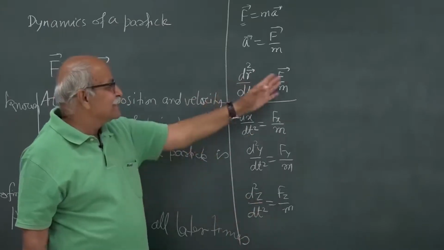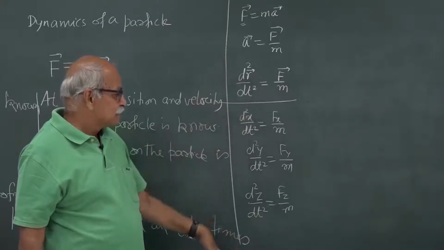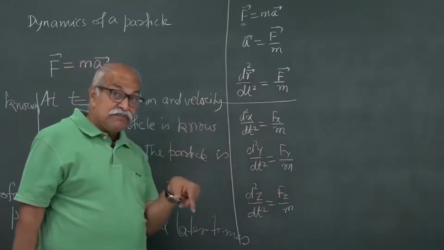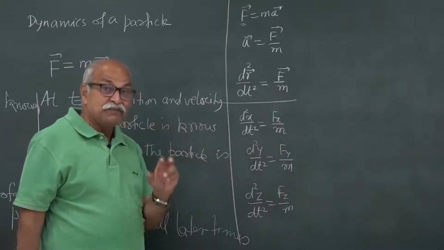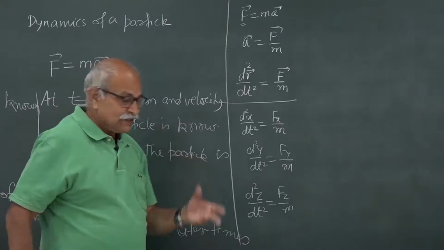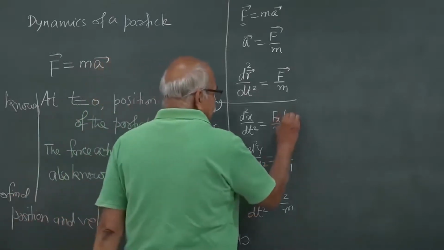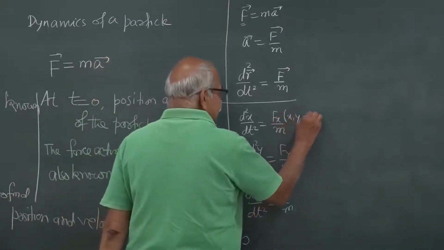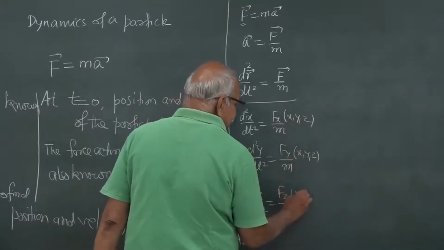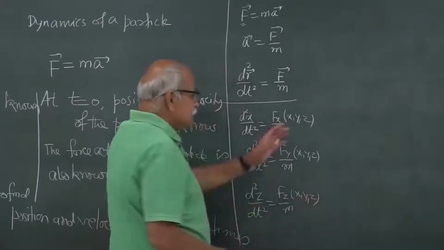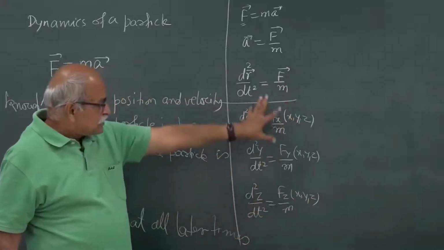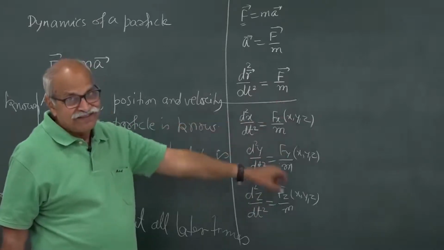So, this vector equation is a combination of three equations, and each of these Fx, Fy, Fz can be a function of space point or function of time, or both. So, this may be some function of x y z, can also be time, but we will first deal with the forces which depend on the position of the particle.